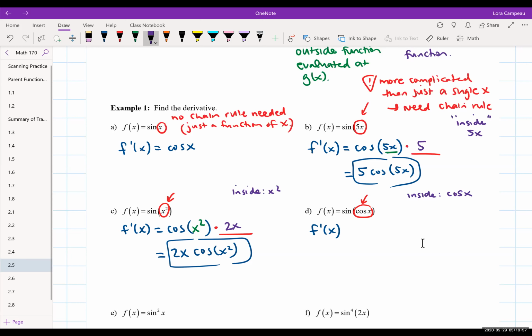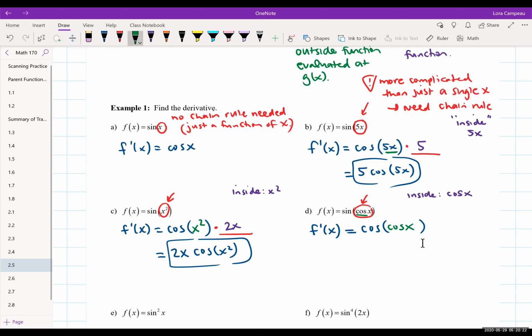Before I go into the derivative of the inside, we have to figure out the derivative of sine of something. The derivative of sine is cosine of something. And remember, that something is evaluated at g of x. So that's our inside function.